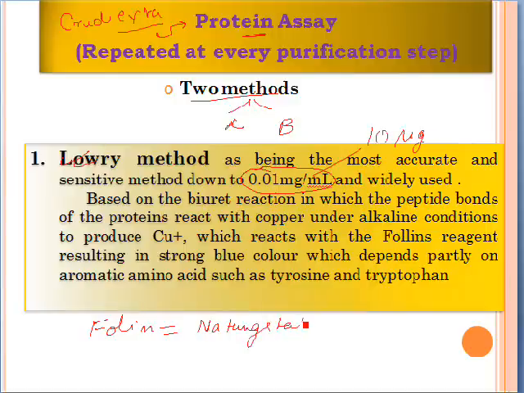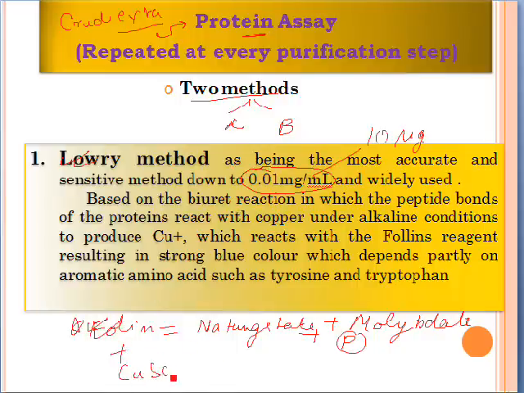molybdate and phosphate. This Folin reagent together reacts with copper sulfate, and a blue color complex is produced, which can be quantified at 700 nanometer.